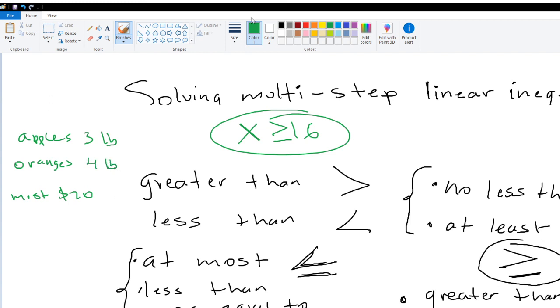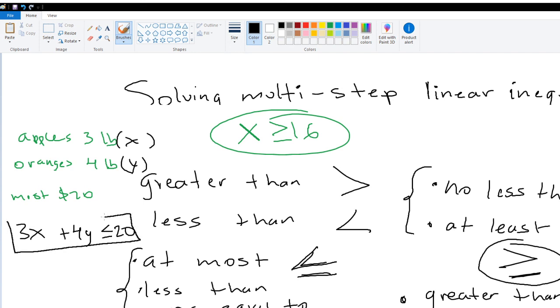Let's come up with a variable for each. Let's say this is x, and this is y. So, $3 per pound of apples plus $4 a pound for oranges should be at most $20. So this would be an inequality that shows the story problem.